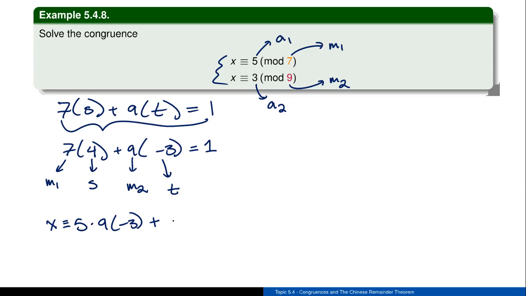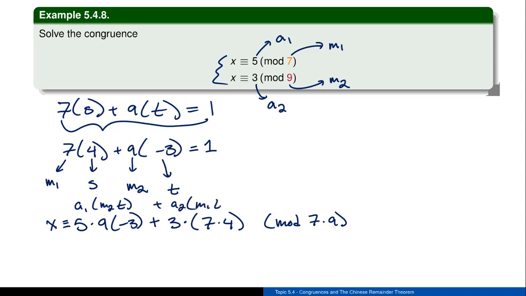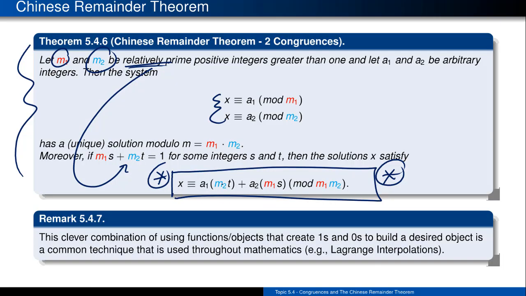That's then going to be added to an a2, which in this case is a 3, multiplied now by my m1 times my s, so that's 7 times a 4. And this is going to be done modulo those two things multiplied together, so a 7 and a 9. So I have a1 m2 t plus a2 m1 s. That's exactly coming from right here.